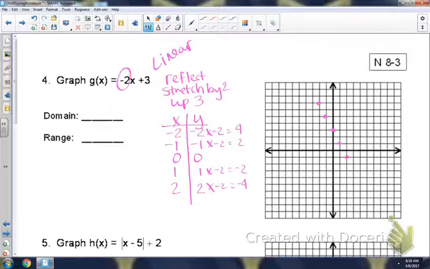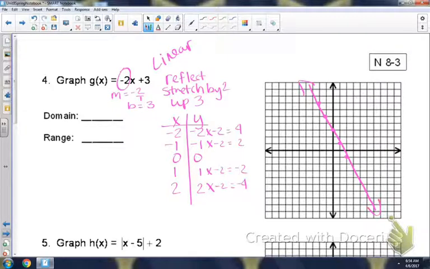Now, since this one is linear, we already know how to graph that. So you could also use the slope and the y-intercept. If you wanted to do that, slope would be -2 over 1. Y-intercept would be 3. So it crosses the y at 3, and you're going down 2, right 1. It should give you the same graph.